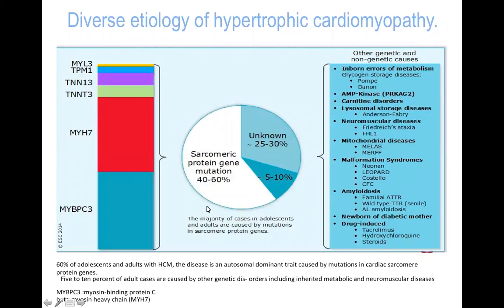Around 40 to 60% are due to sarcomere protein mutation, and around 5 to 10% are other non-genetic disorders like mitochondrial disease or neuromuscular disease.